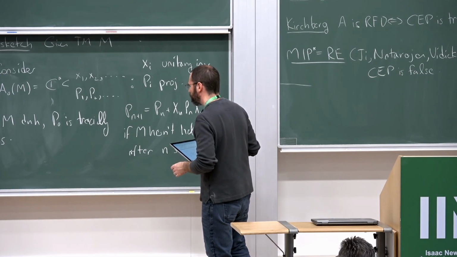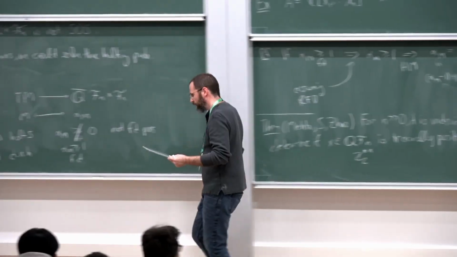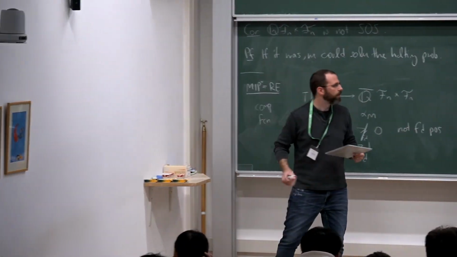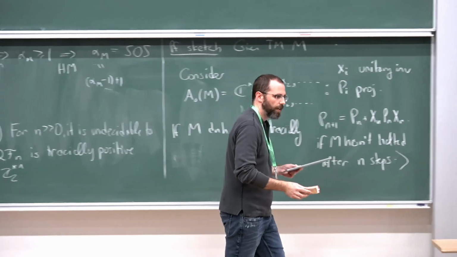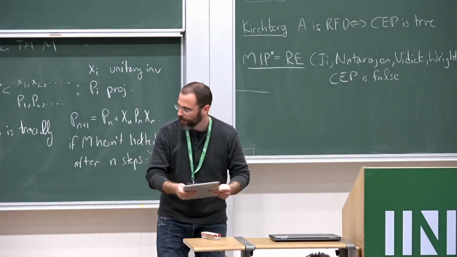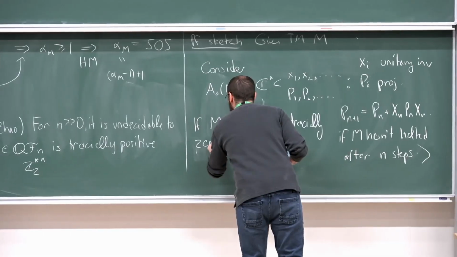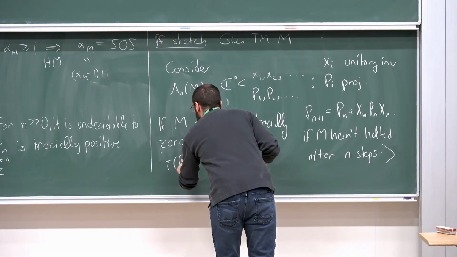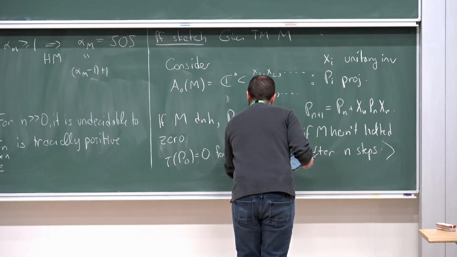Oh, it is true, but actually that's not what we want. Maybe I better say it like this: tracially 0, if that makes sense. So tau of P0 equals 0 for all tracial states.